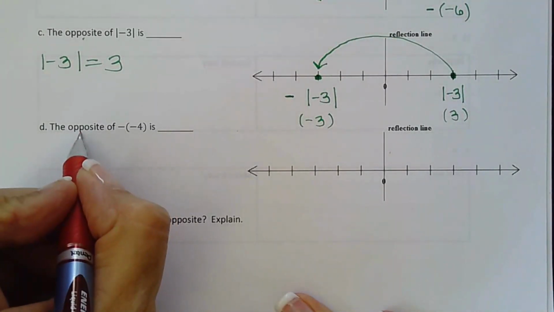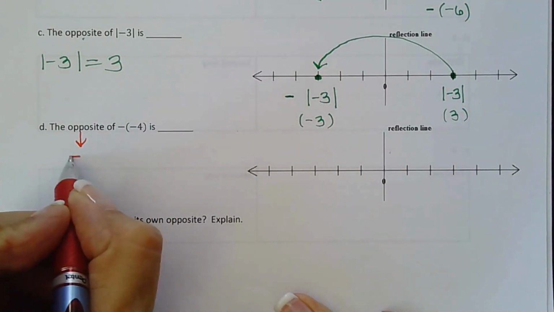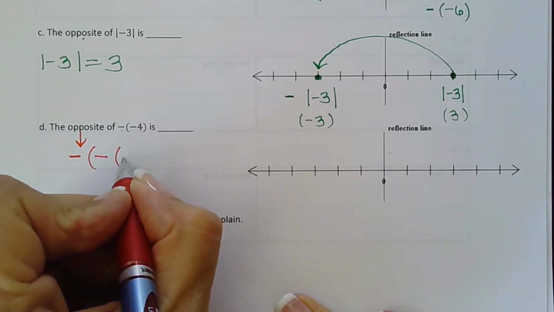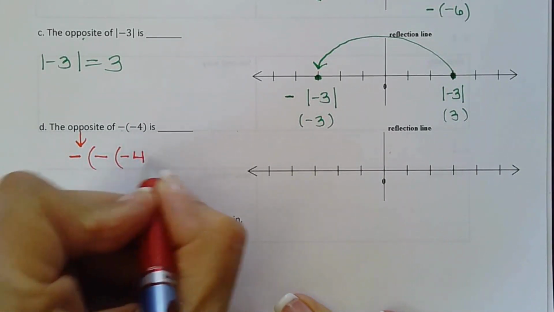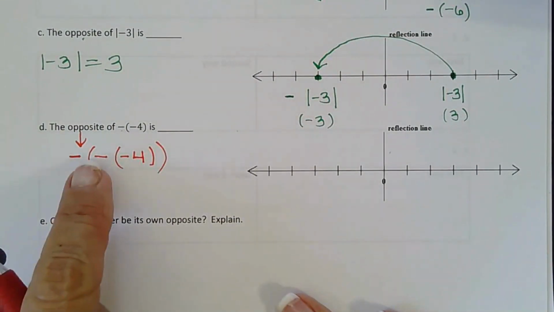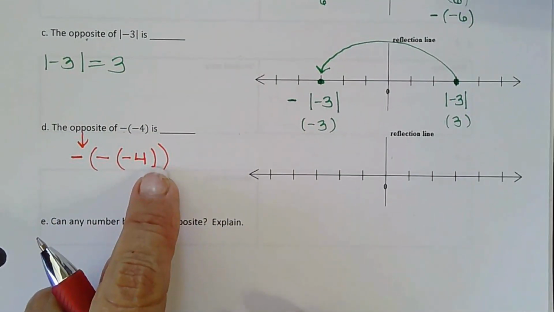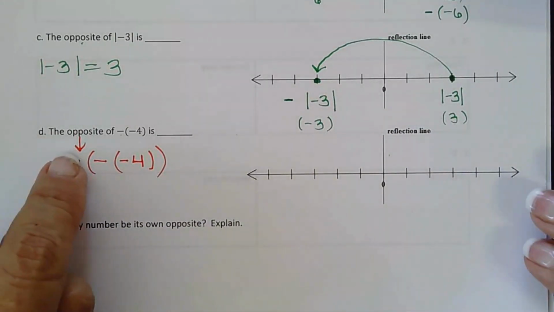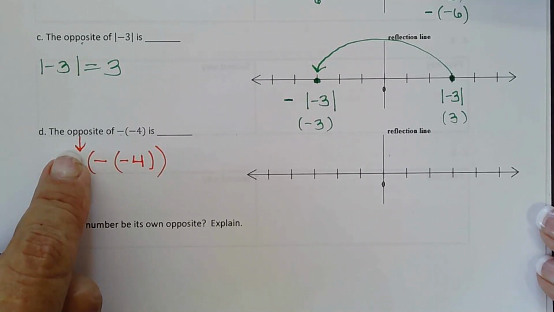Okay, so opposite means negative, and then there's another negative, and then there's another negative, and then we got to close. So the opposite of -4. And remember, we always start inside parentheses. So remember what I said about the double negative?